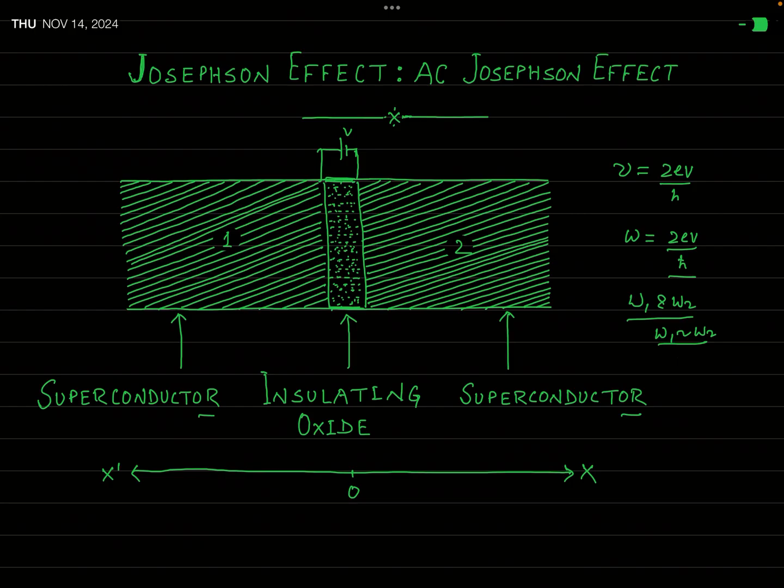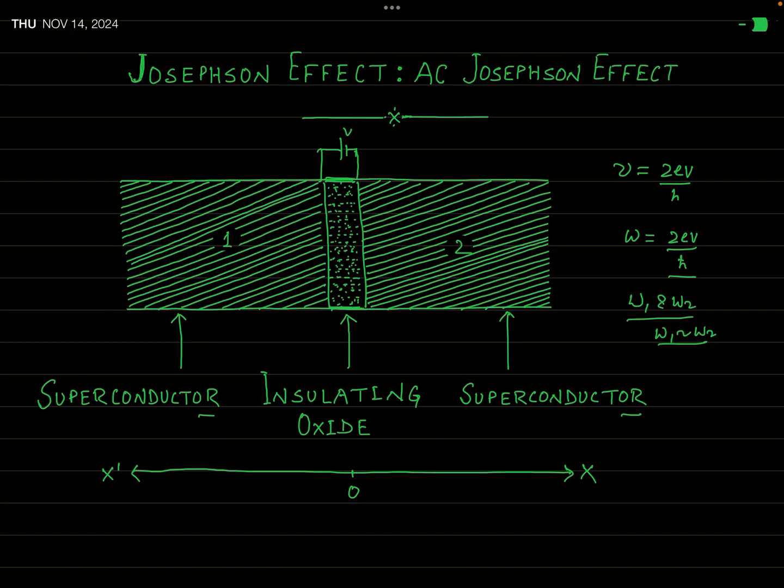Actually, the wave functions of a Cooper pair on the two sides of the junction differ in energy by 2eV. We will see later on how we can say that the energy of the Cooper pair in two regions will differ by 2eV.